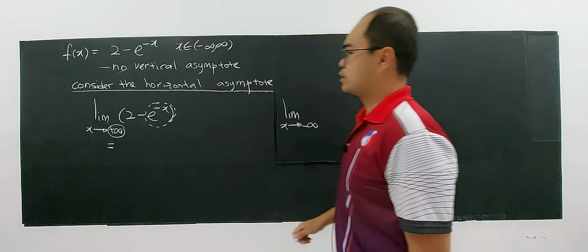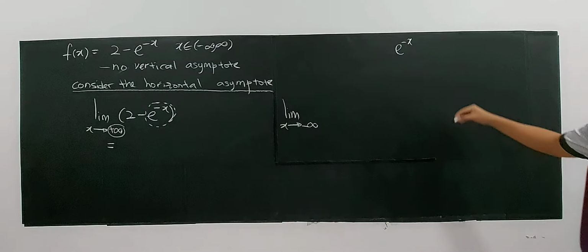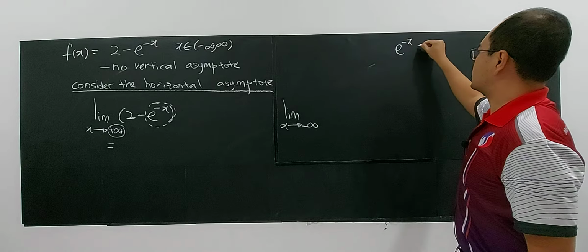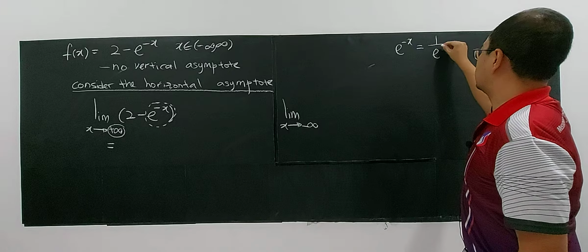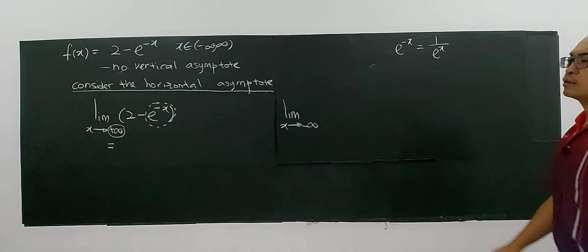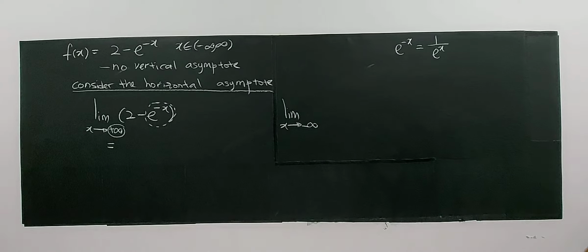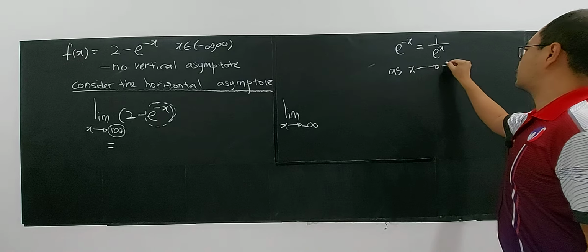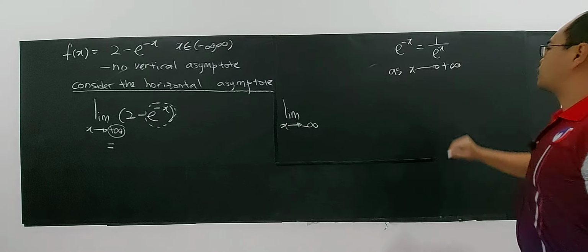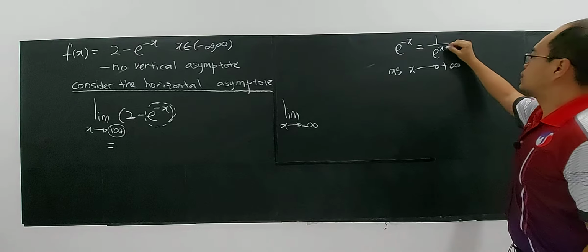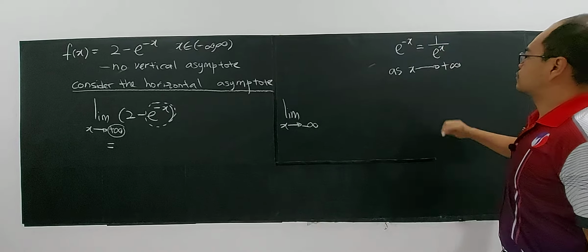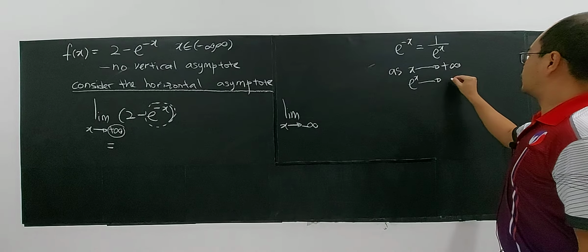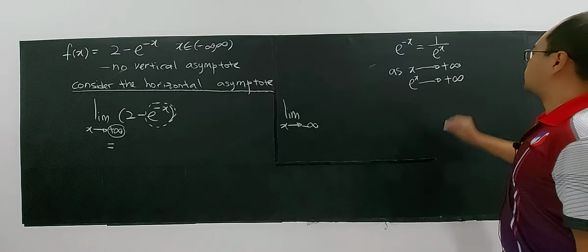So as x approaches positive infinity, you know that this can be read as 1 over e to the power of x. As x gets a very big value, e to the x gets very large, approaching positive infinity.